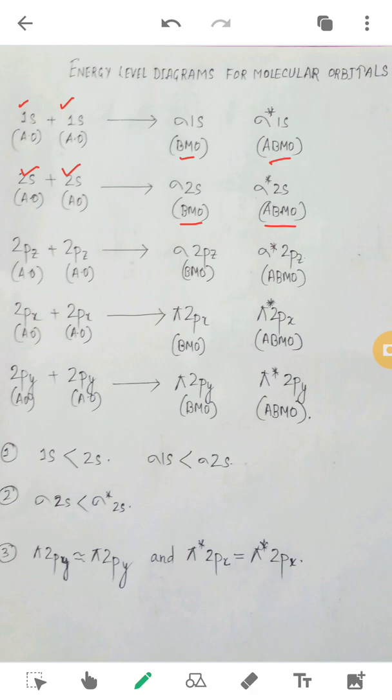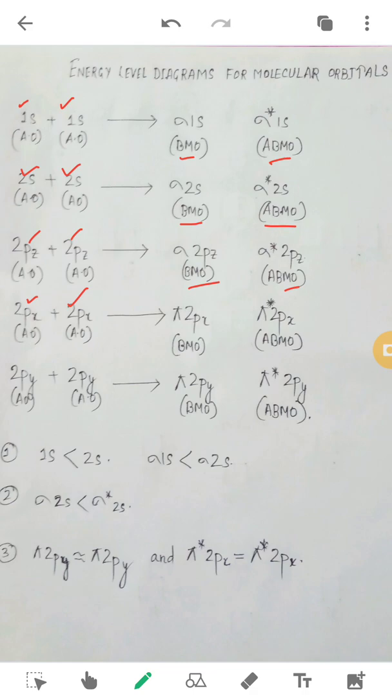Similarly, we have three p orbitals, px, py, and pz. How do they combine? If two pz orbitals combine, you have sigma 2pz, that is your BMO, and sigma star 2pz, that is your ABMO. Now when the 2px orbitals of two atoms combine, we form pi orbitals.